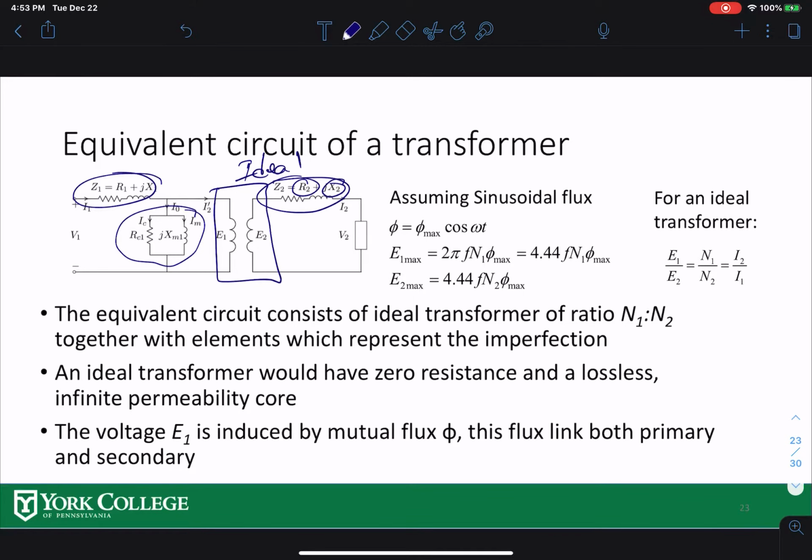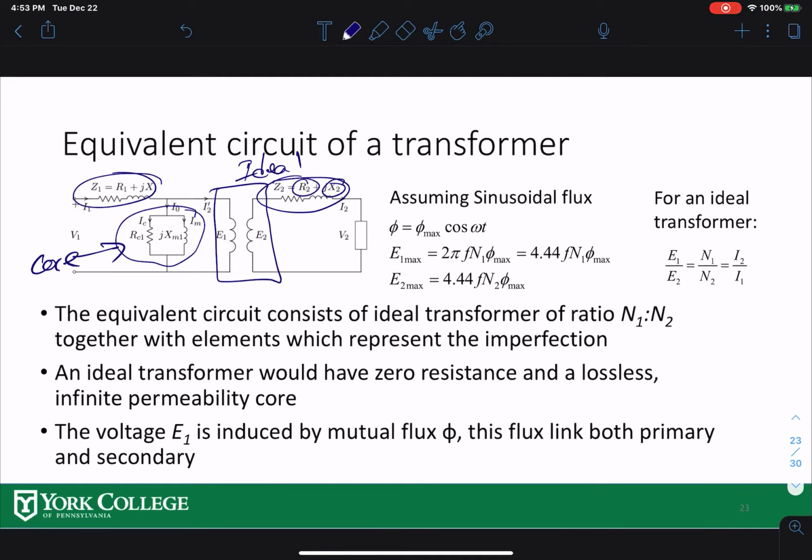So what is the purpose of the core here? The purpose of the core is to produce flux. We need flux to link to the coil to induce voltage. So this core over here produces flux. To produce flux, we need a little bit of current. That's why I0 is there.